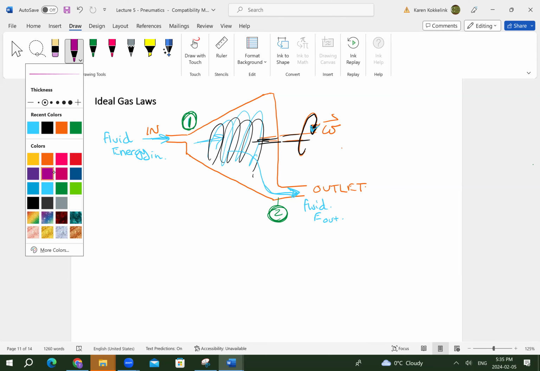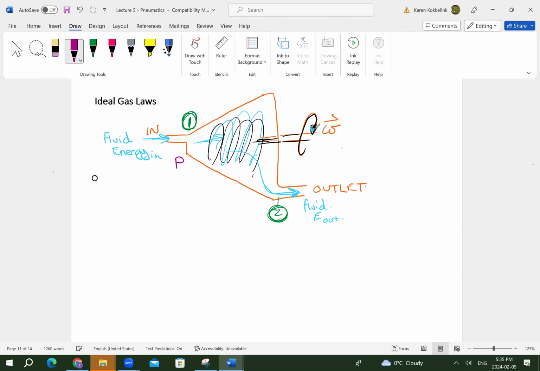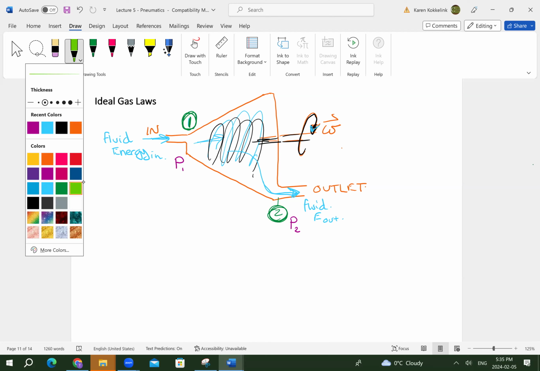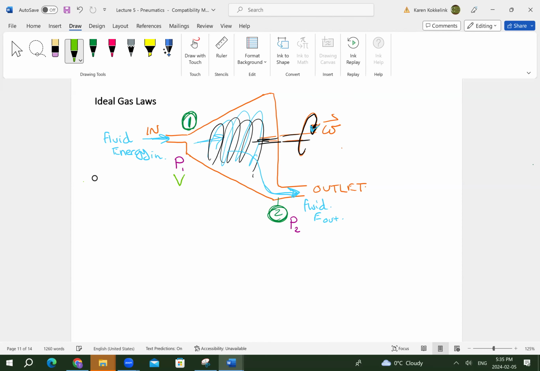Well, this fluid must have had a pressure here, P1, and it must have a pressure here, P2. Well, but the volume has changed. So it had an original volume, V1. If I look at the original volume here, it's kind of a small volume. And now the volume that it took up here is kind of a larger volume, V2.